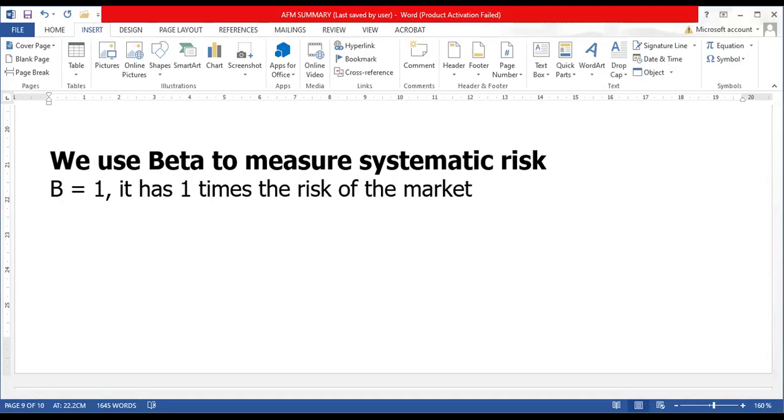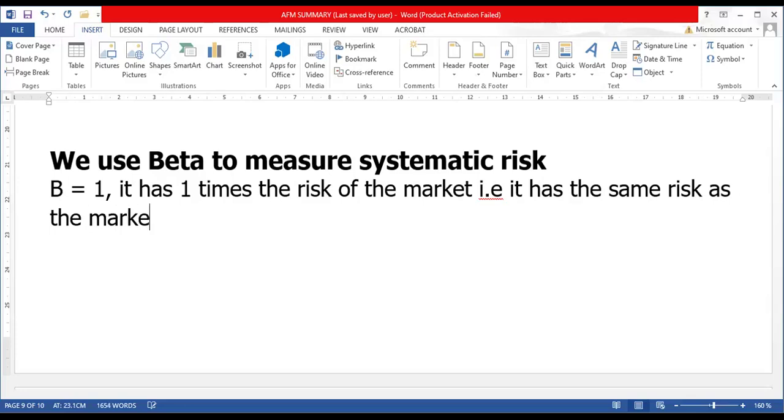That is what we normally call it has the same risk as the market. In short, here you are saying that the portfolio has the same risk as that of the market.